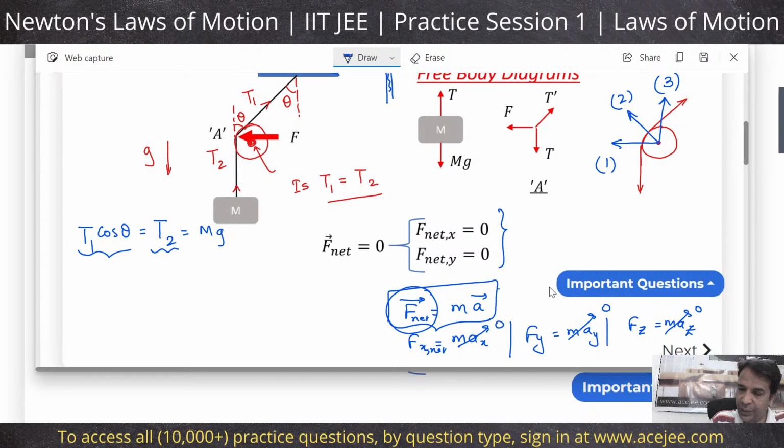Not just one individual force, but the vector sum of all the forces acting on the particle should equal mass times acceleration. So the sum of all the forces along x, y, and z should be zero. And then for extended rigid bodies, we'll worry about the torques when we come to that. So let's solve a few problems.